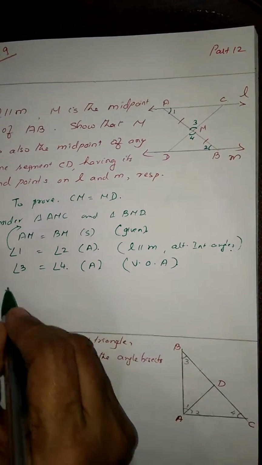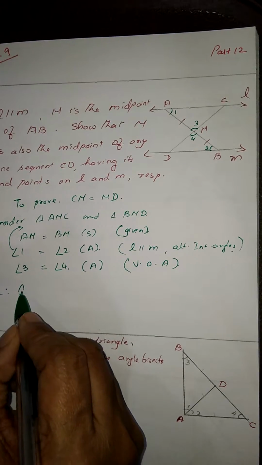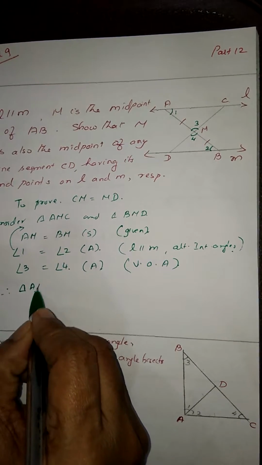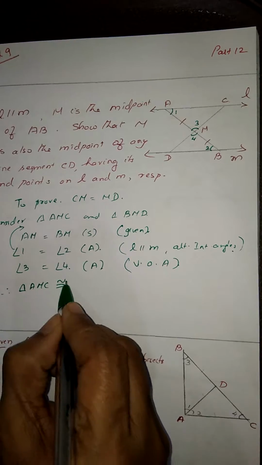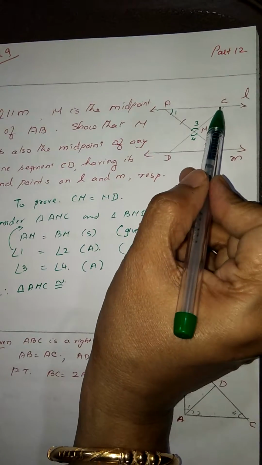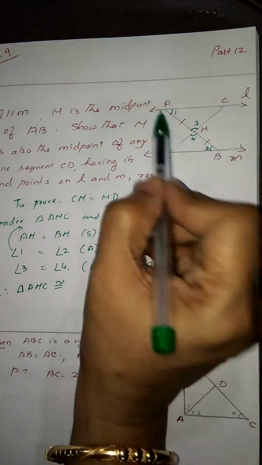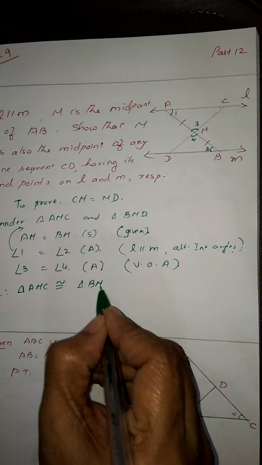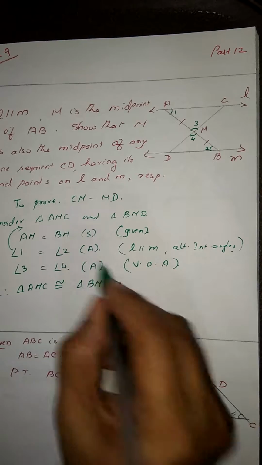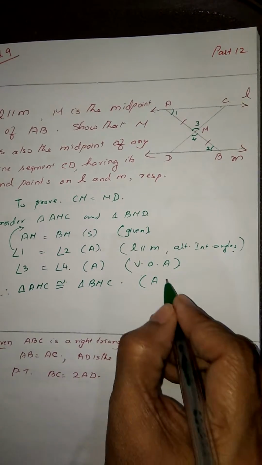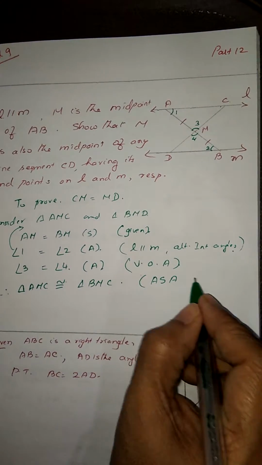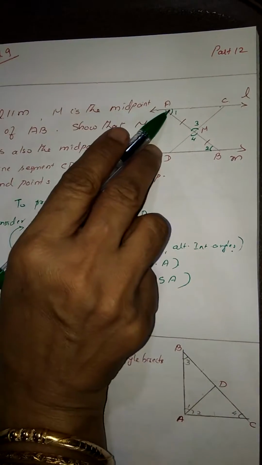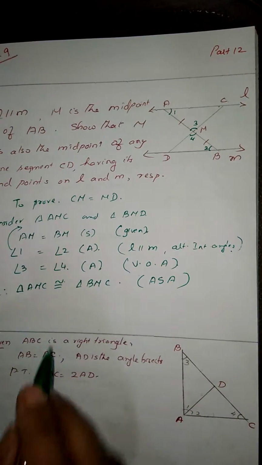So therefore triangle AMC is congruent to triangle BMD. AM, corresponding side is BM. This congruence is ASA congruence: angle, side, angle.